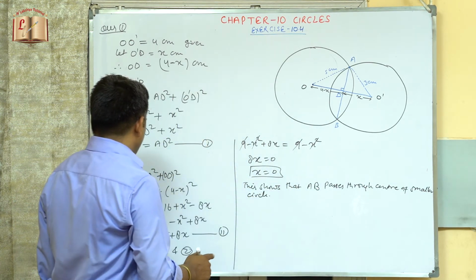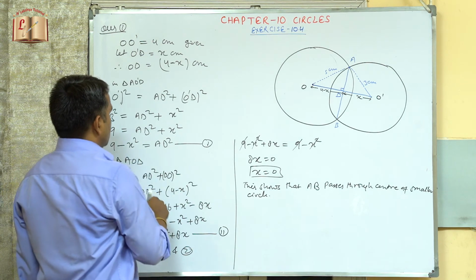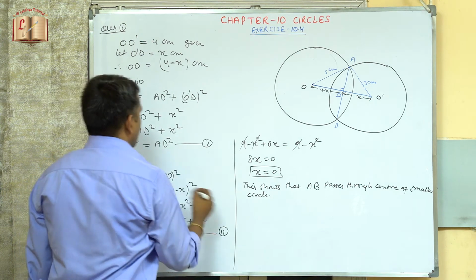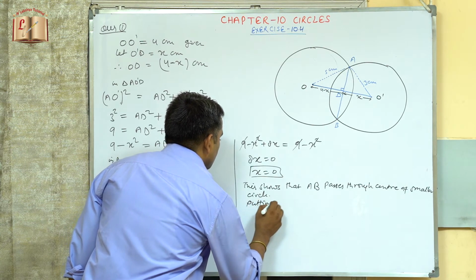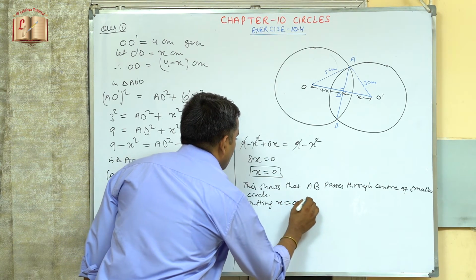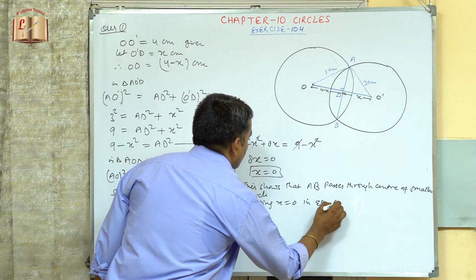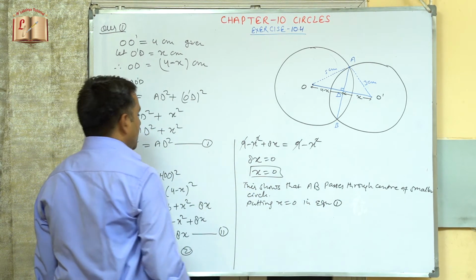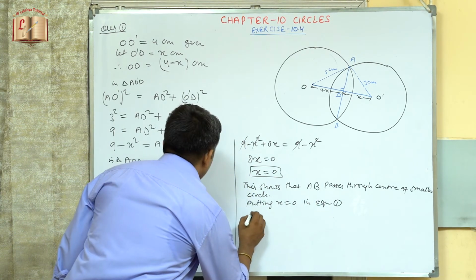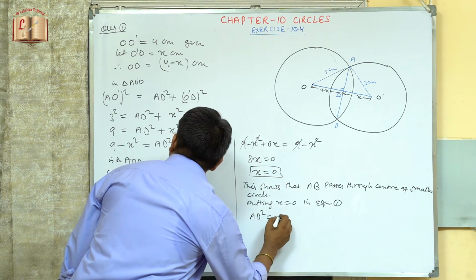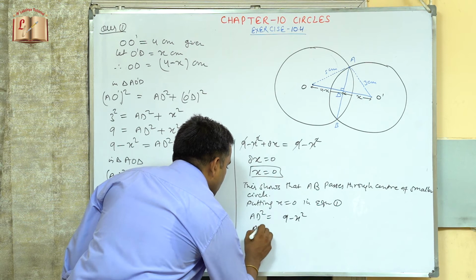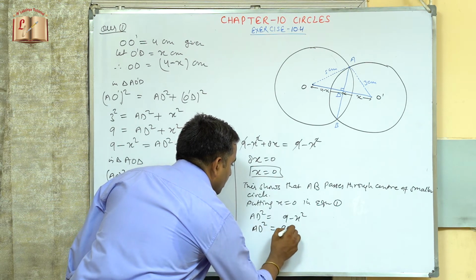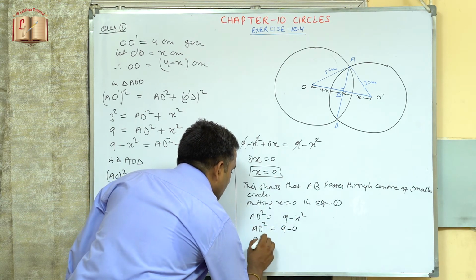Now we will put x equals to 0 in any of these. Putting x equals to 0 in equation number 1, AD square will be equal to 9 minus x square. So AD square will be equal to 9 minus 0, AD square will be 9.